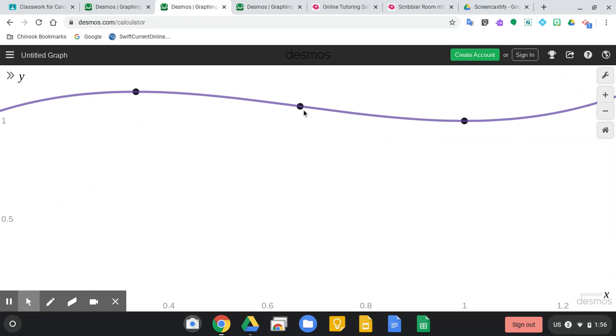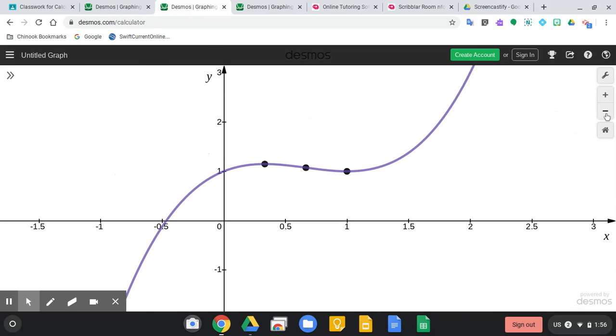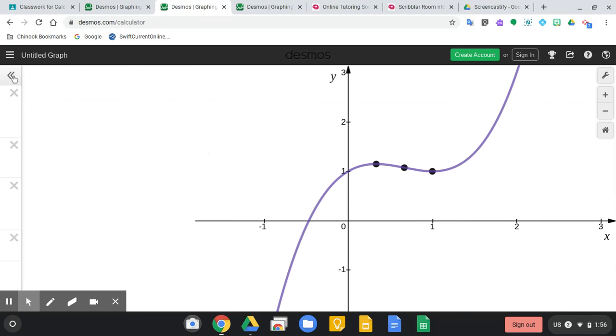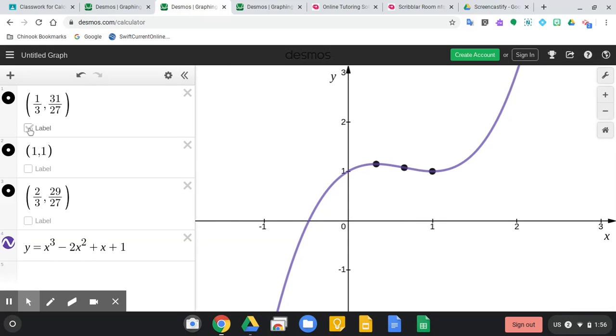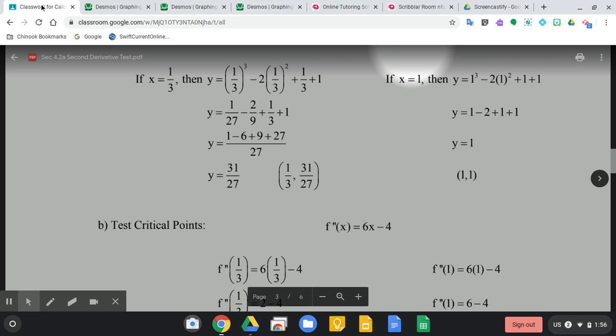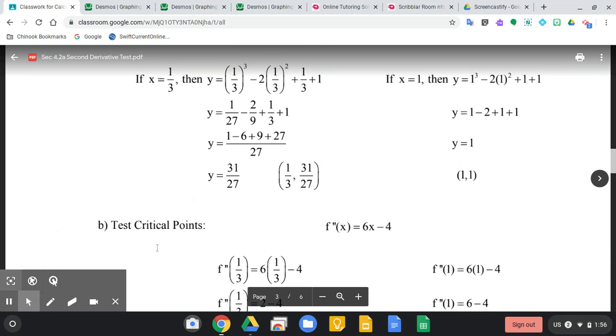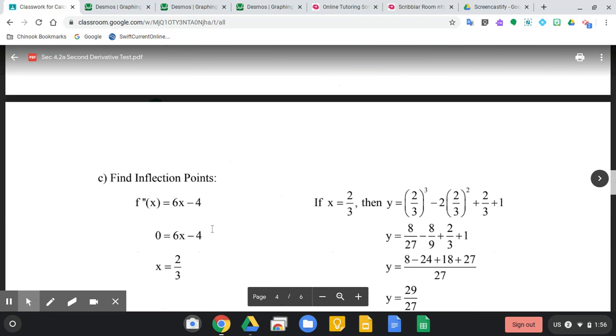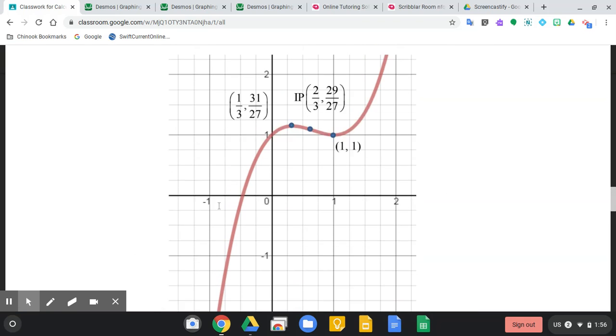This is my inflection point where it changes, and then it goes back to concave up. So there's our graph. Now, I could label these points, but when I do that, it converts to a decimal, and that's not extremely helpful. So in my notes, you'll notice that on the graph, I did label with fractions.